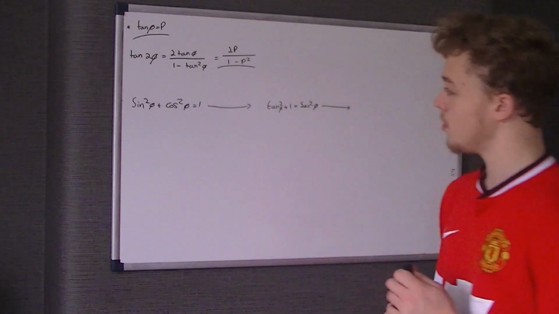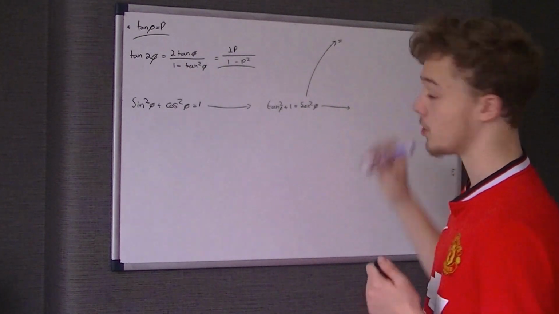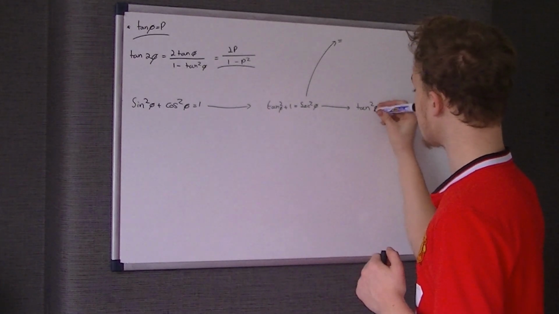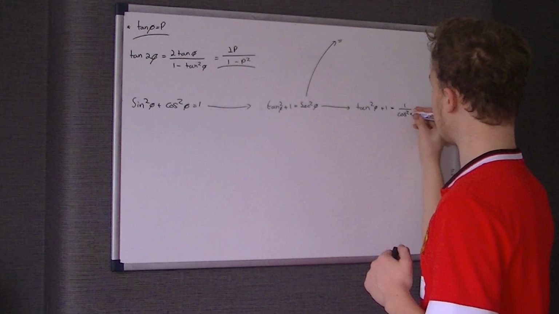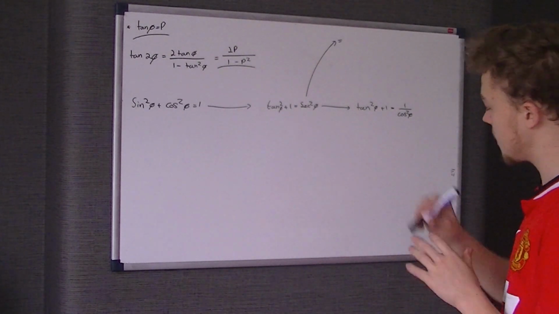So what does this sec squared theta actually mean? Well, we know it is equal to 1 over cos squared theta, so if we write that in, let's see where that takes us: tan squared theta plus 1 equals 1 over cos squared theta. Now we want cos squared theta to be the subject, so we've got to do something to this equation.